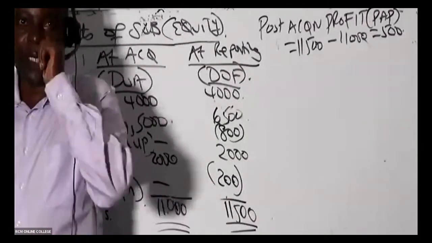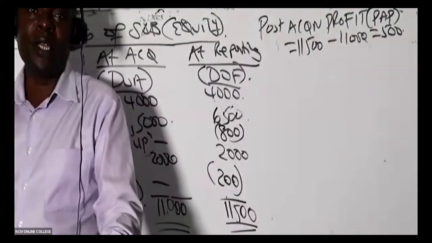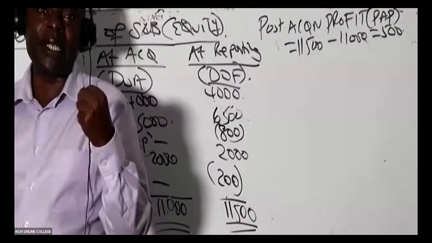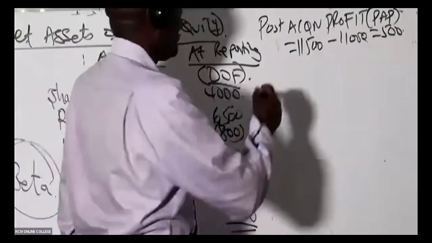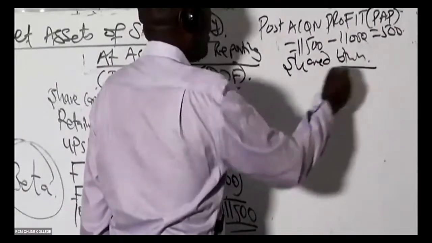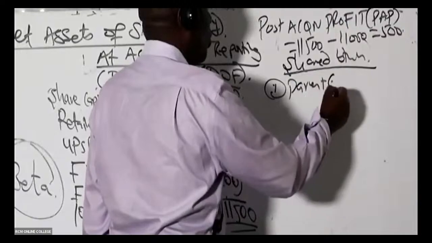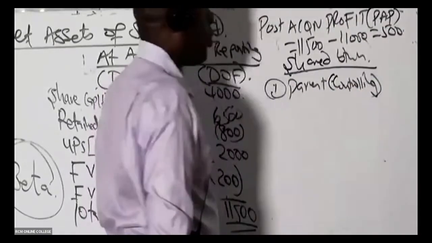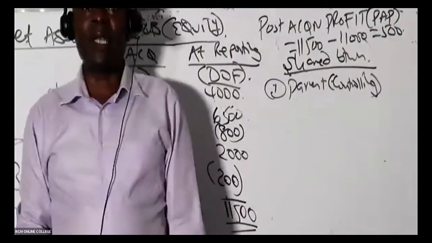Once you get this post-acquisition profit, ladies and gentlemen, you go ahead and share it out. You've got two owners. We have the controlling owner and the non-controlling owner. So we have the parent, who is the controlling. Is there somebody who is able to remember the parent's share?